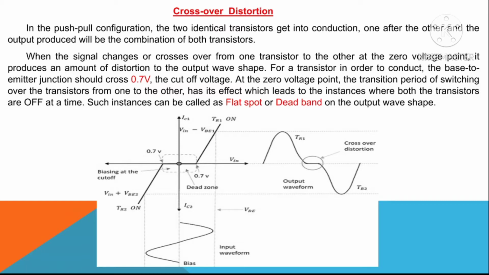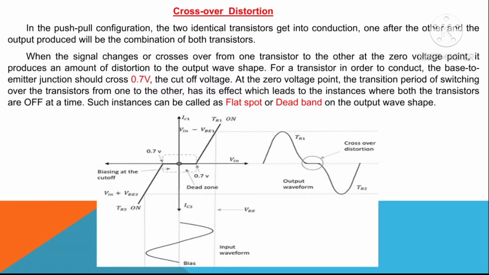At the zero voltage point, during the transition period of switching over the transistors from one to another, there are instances where both the transistors are off at a time. Such instances can be called a flat spot, dead band, or even dead zone on the output wave shape.